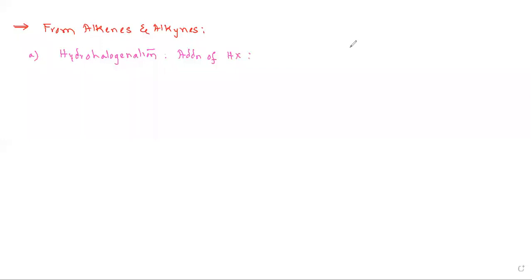See, in this case, let me give you two examples. Propene with HX gives isopropyl halide as the major product.